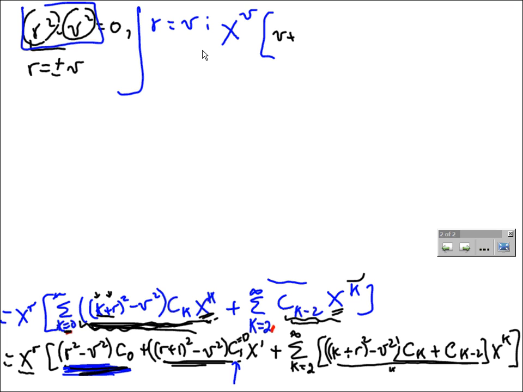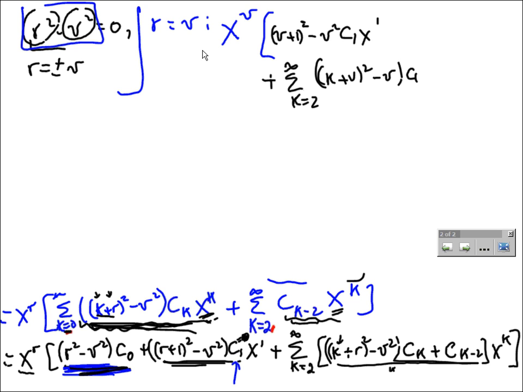So I have v plus 1 squared minus v squared times c1 x to the 1, plus the summation as k goes from 2 to infinity of k plus v, since r is v, k plus v squared minus v squared, times c sub k plus c sub k minus 2, times x to the k. Close the bracket.